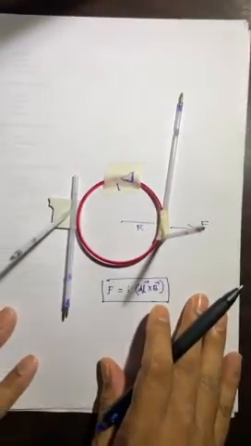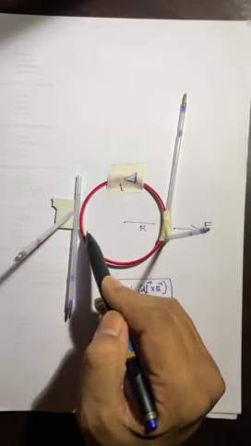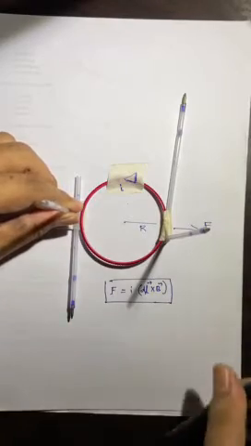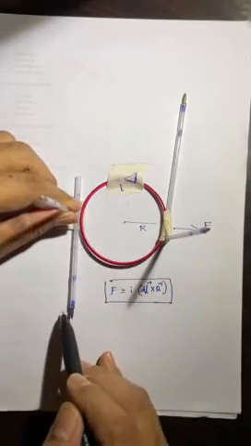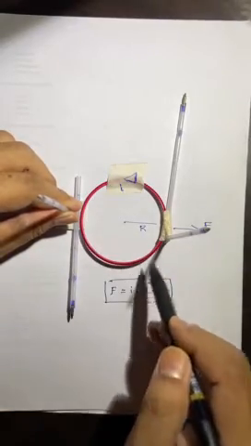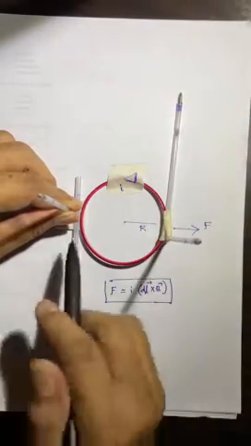Now the same way, as it is in the anti-clockwise direction, and the magnetic field is always vertically upward, here the tangent is coming this side downward because it is rotating anti-clockwise. Here it was the other side, and here it is downward.